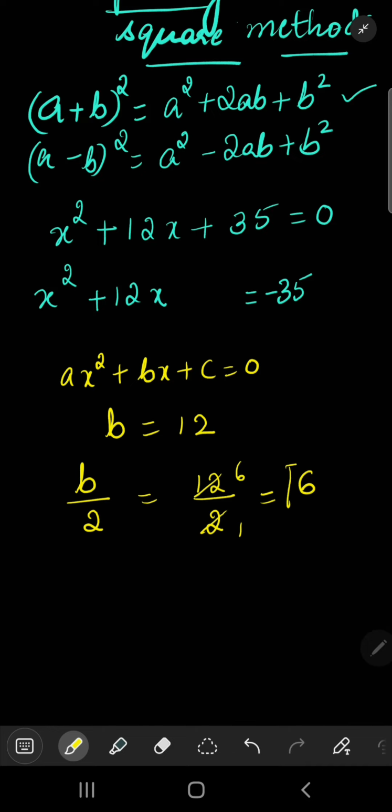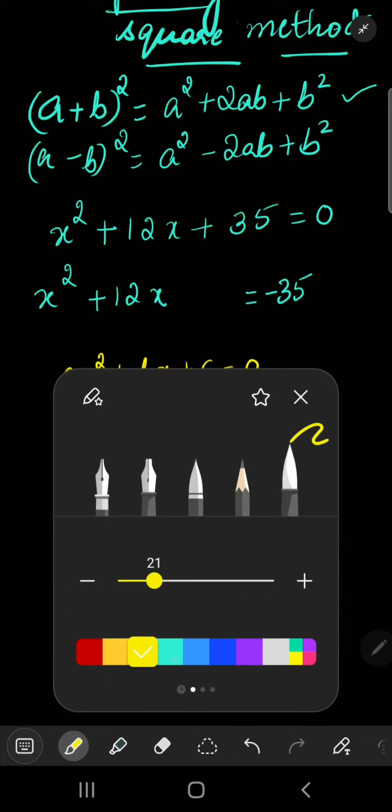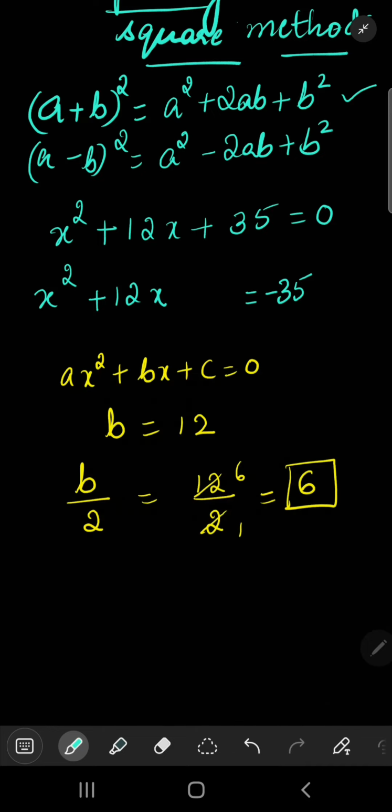Now this 6 I am going to square, so b by 2 the whole square will be 6 square. I am going to add it on both sides of the equation. As you already know, to balance an equation, if we add something on the LHS, we have to add it on the RHS too.